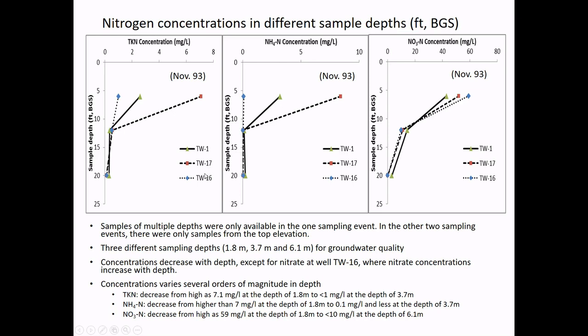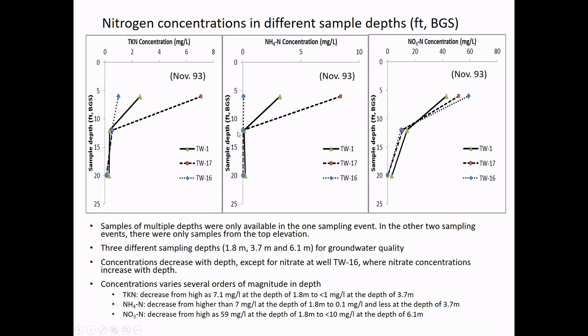For each well, we have water samples from 3 depths: 1.8 meter, 3.7 meter, and 6.1 meter. This is in units of feet originally, but I use meters here. 3 wells, 3 depths, and 3 nitrogen species: TKN essentially for organic nitrogen, ammonium, and nitrate, right?